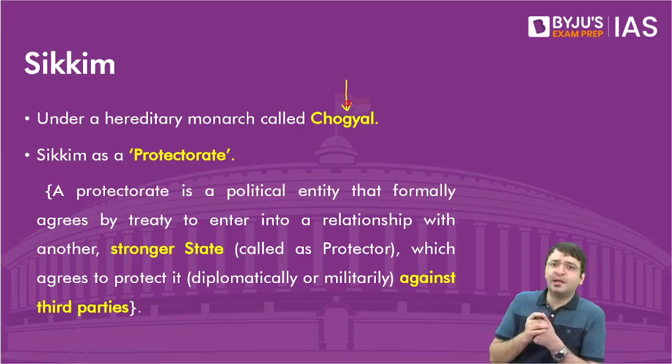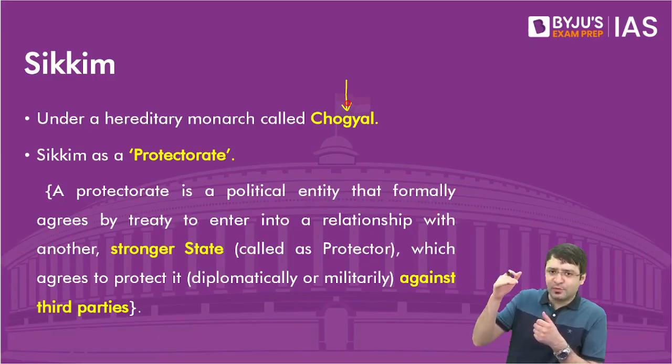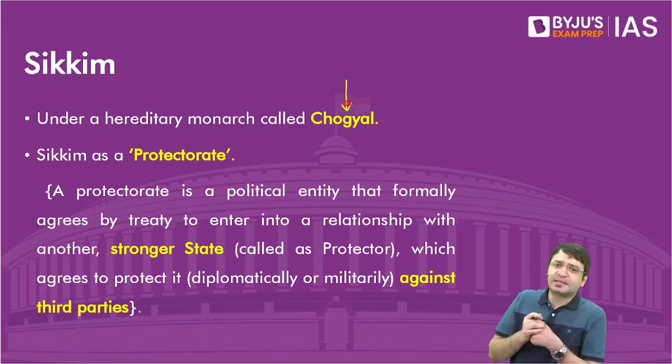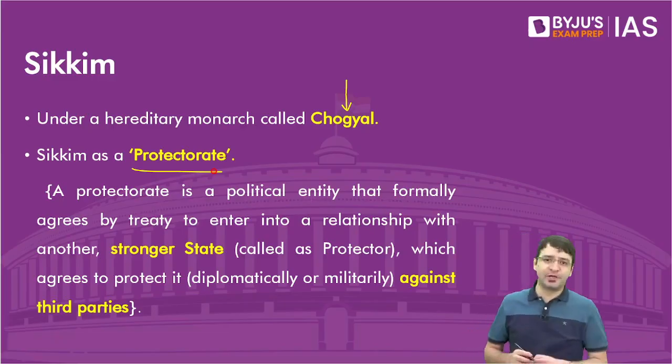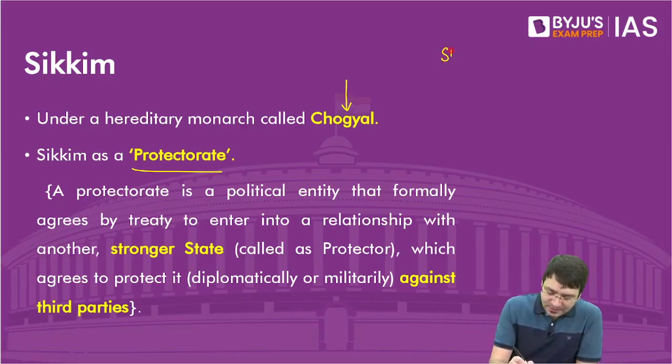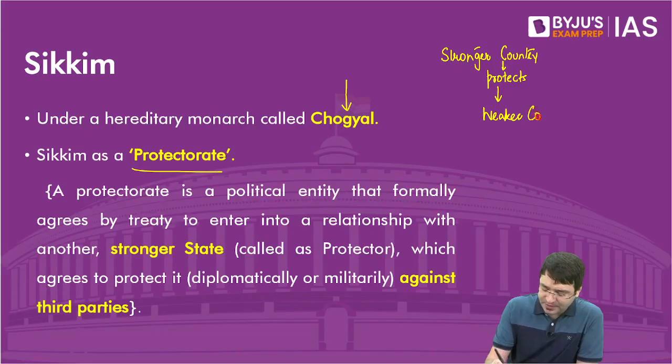In 1947, when India gained independence, Sikkim, under this institution of monarchy known as Chogyal, decided to have an agreement with India. Under this agreement, Sikkim became the protectorate of India. What is a protectorate? Here is a stronger country. This stronger country protects a weaker country.